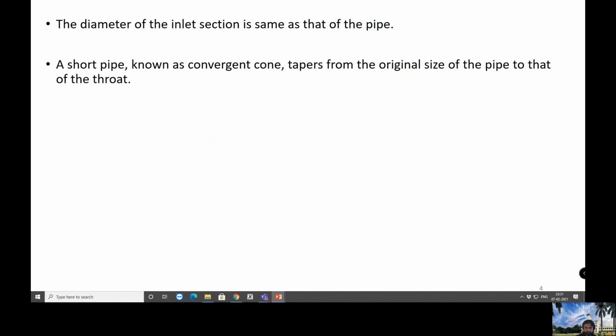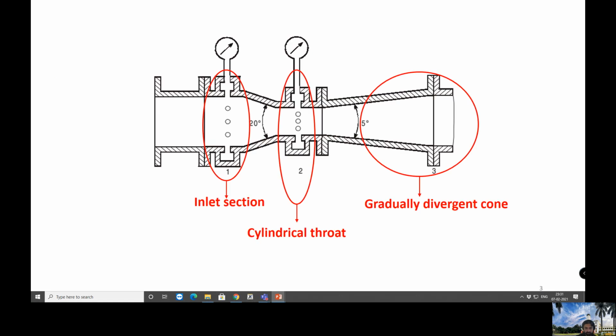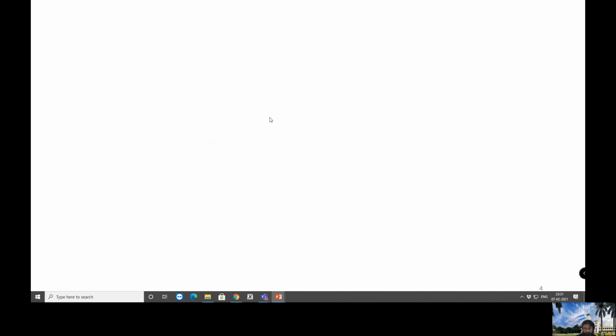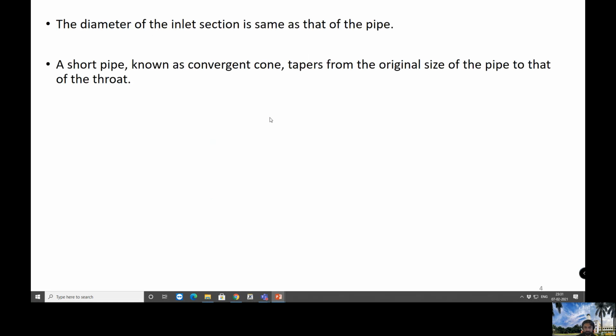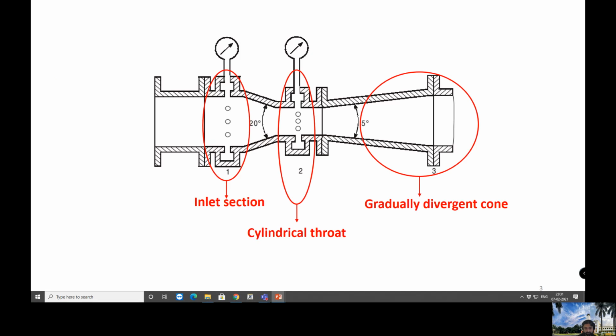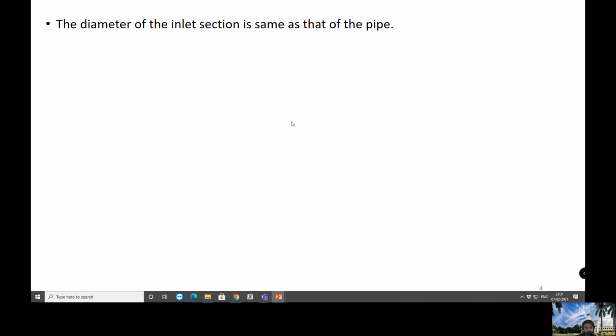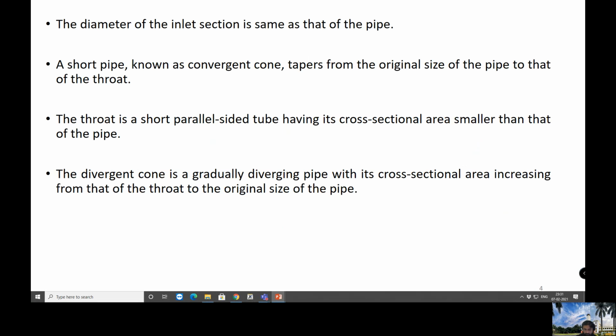A short pipe is known as the convergent cone. You see here this convergent cone. This convergent cone tapers from the original size of the pipe to that of the throat. Throat is this. The throat is a short parallel sided tube having its cross-sectional area smaller than that of the pipe.